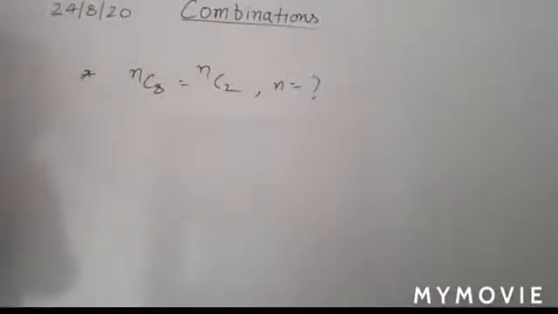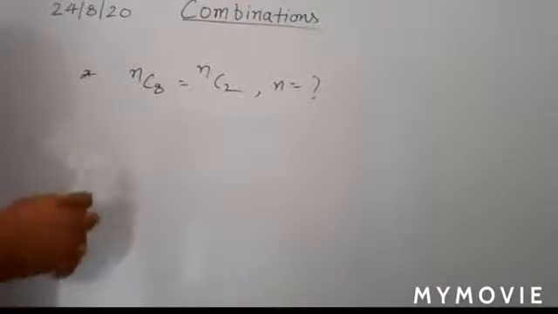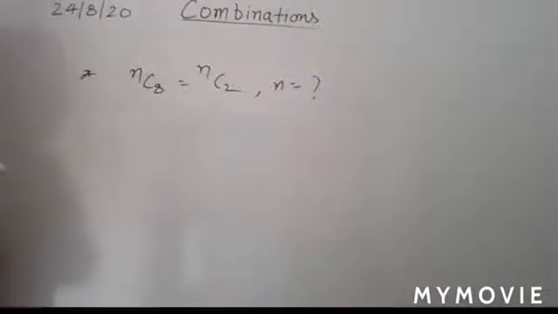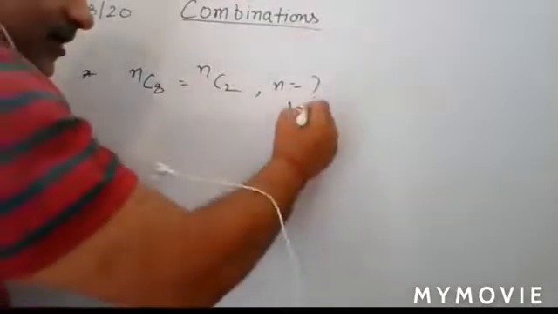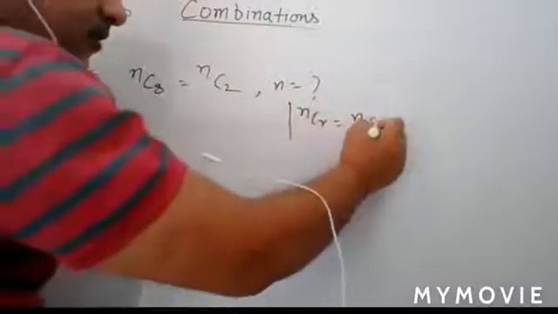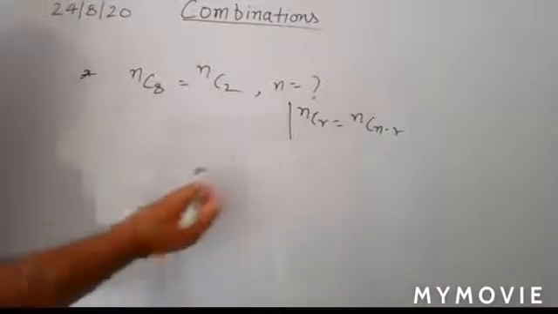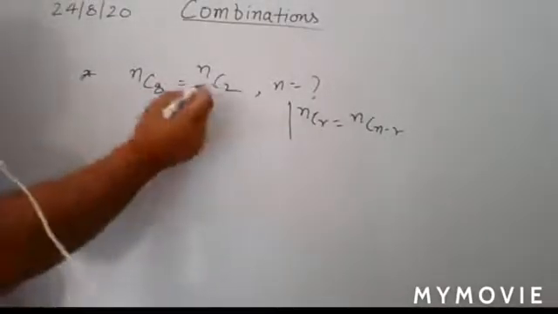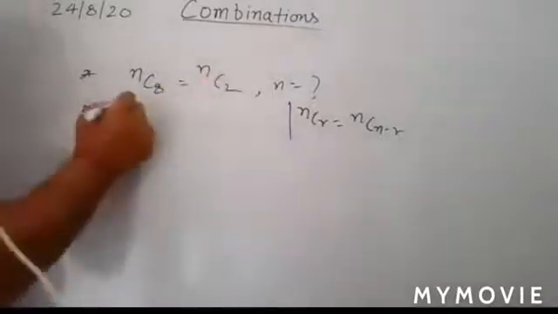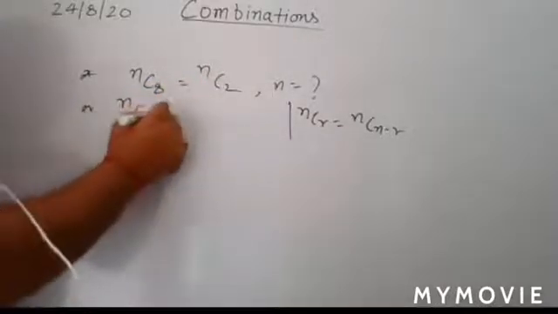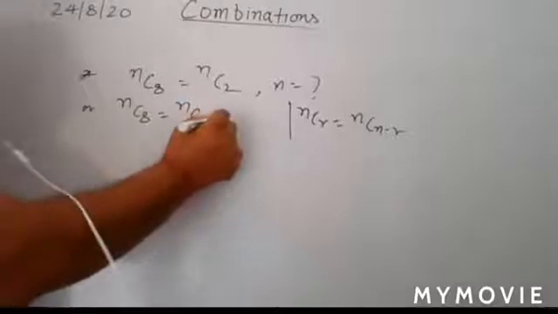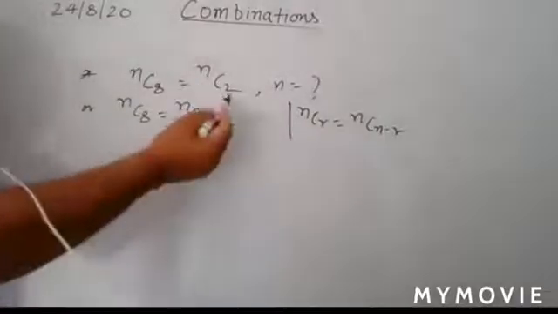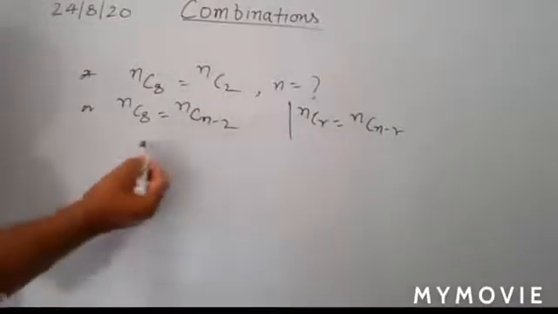In that case, what do you do? You have to apply the same formula on any one of the sides. What is that formula? nCr is equal to nC(n minus r). Understand? This formula is to be applied on any one of the sides. If you wish to apply it on the right side, nC8 is equal to nC(n minus 2), meaning nC2 can be written as nC(n minus 2).